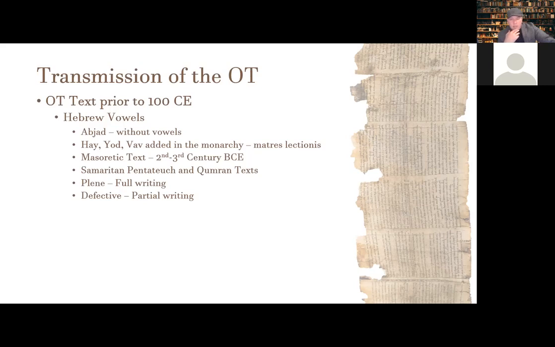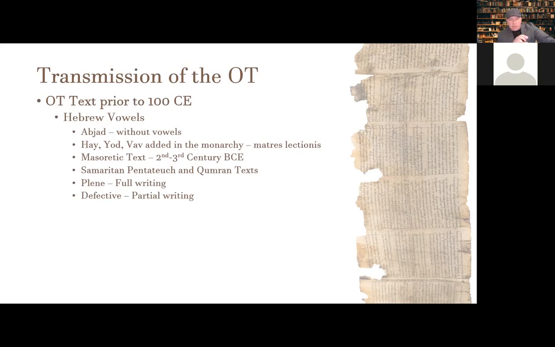Now, during the monarchy, the 9th to 10th century BCE, it's understood that the hey, the yod, and the vav especially were being added to the text. They were being added to words. This is called matres lectionis. What's that mean? Mothers of reading.